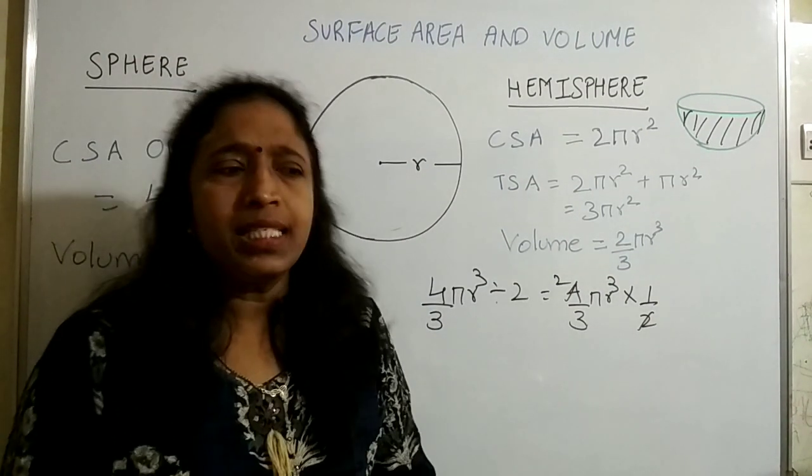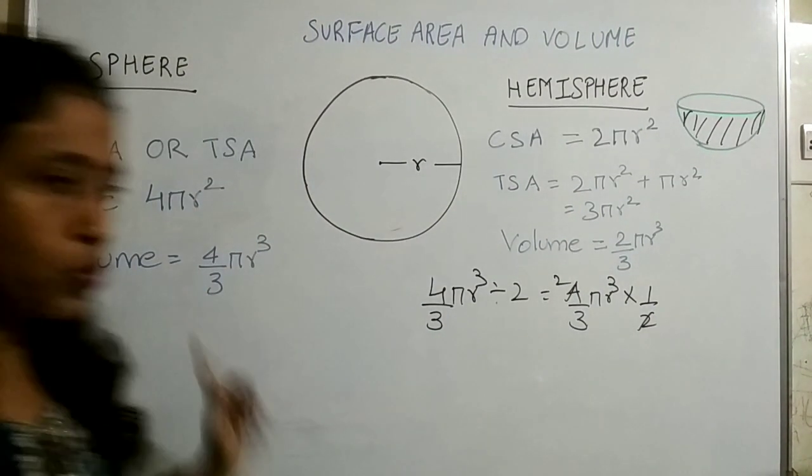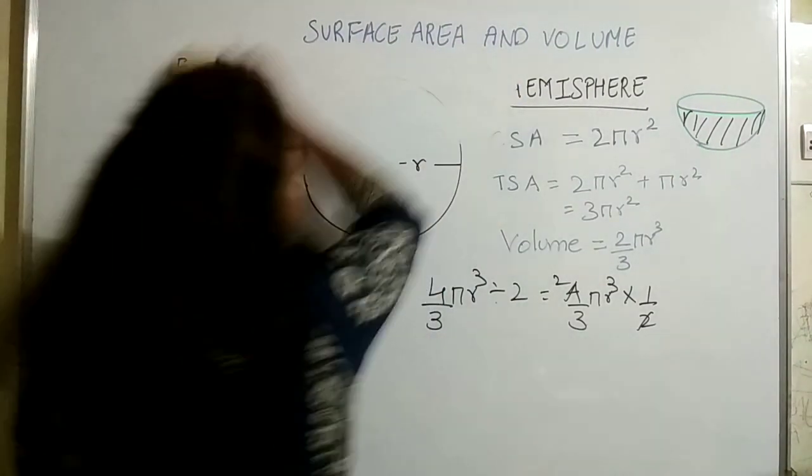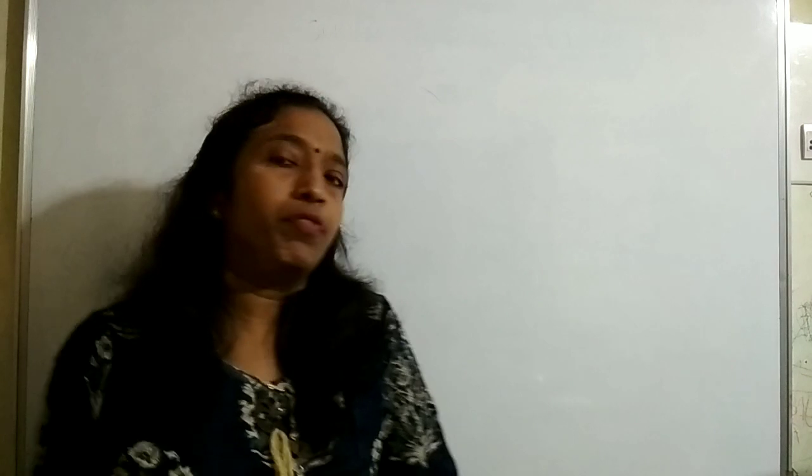I'll just explain the relation of these formulas also. Practically, we can derive how this formula has come. Find the capacity, that is the volume of the sphere. By Archimedes' principle we can derive the formula for the volume of the sphere.